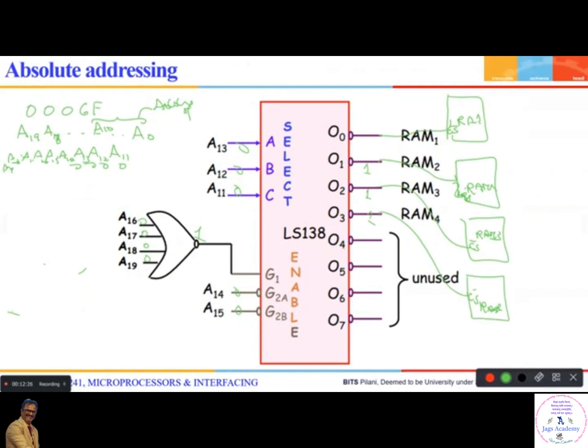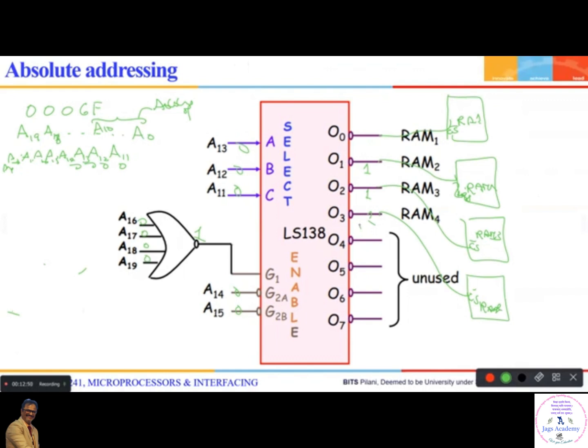You get the input accordingly, and this particular line will be enabled. This will become 0 and all others will become 1. When this is 0, that particular chip will be enabled. You have chip select bar here, and chip select bar means if it has to be enabled, it has to get a 0. Have you understood this?